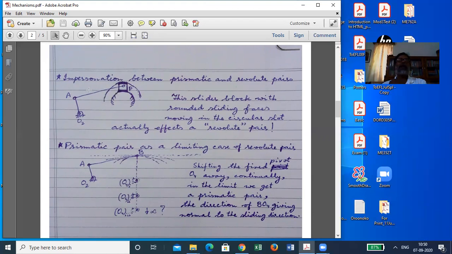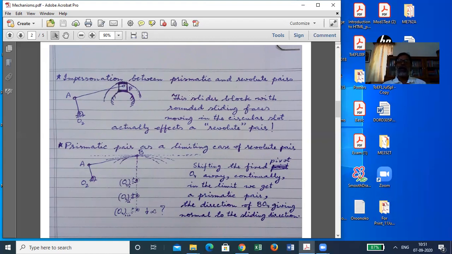So that is why functionally this is actually a revolute pair. In the mechanical fabrication of it, actually a revolute pair is there, but it is impersonating as a prismatic pair.